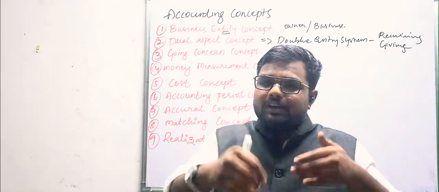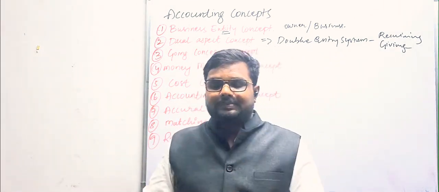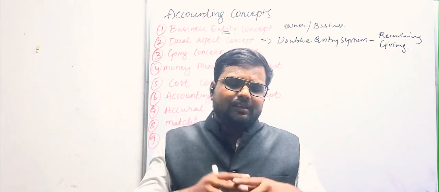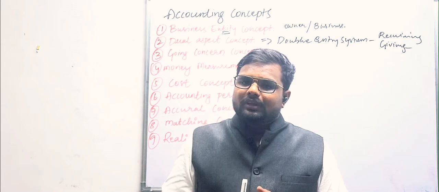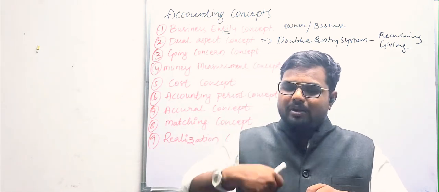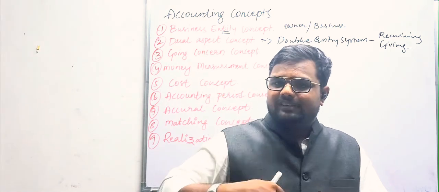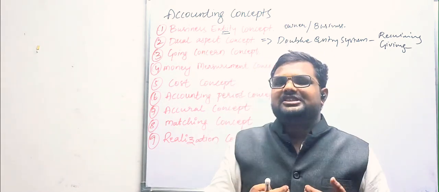Giving and taking. For example, if you are buying a building for the business purpose, or if you are buying machinery for business, what do you do? In that there are 2 aspects. One is you are paying the cash, this is giving aspect, and you are receiving the machine.